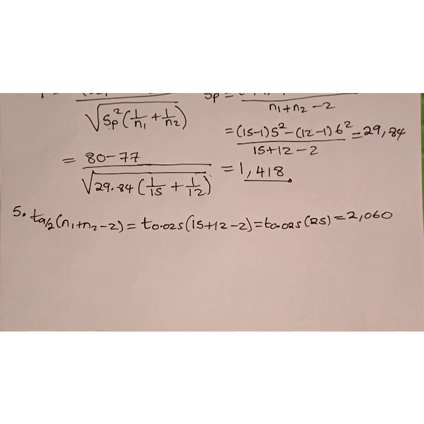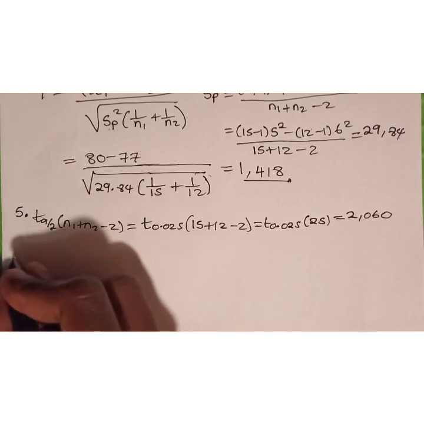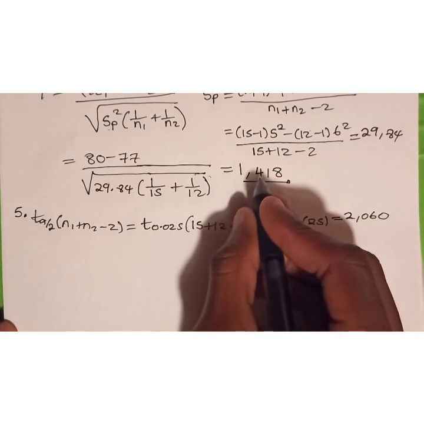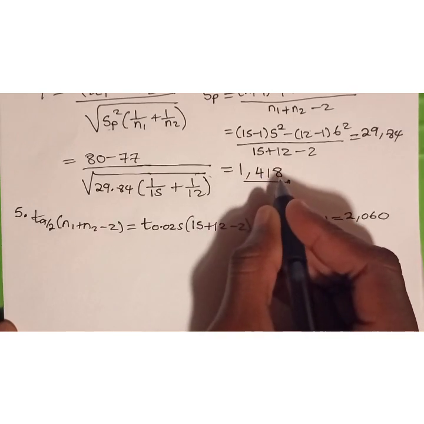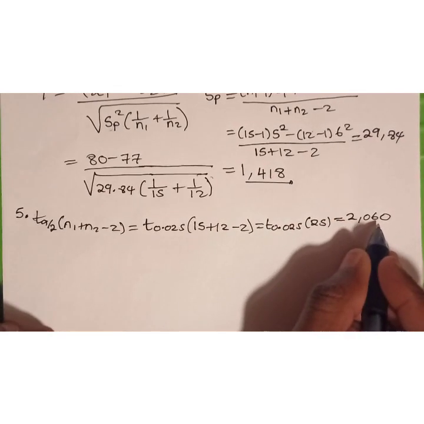Now step 6, you have to compare your critical value with your calculated value, in other words, the tabulated value. The value that I just got, 1.418, is my t calculated, and the one that I got from the table is t tabulated.